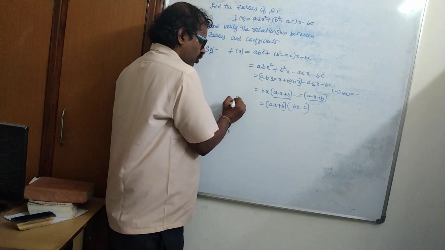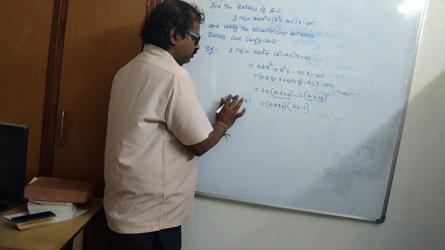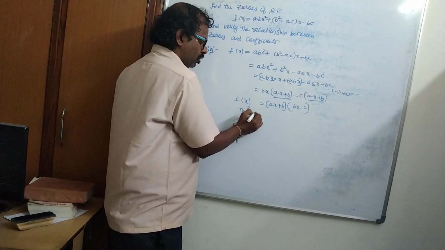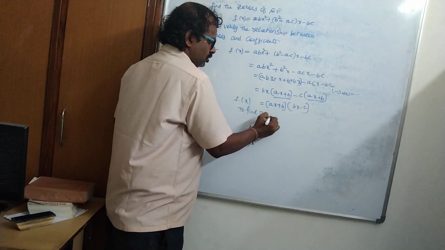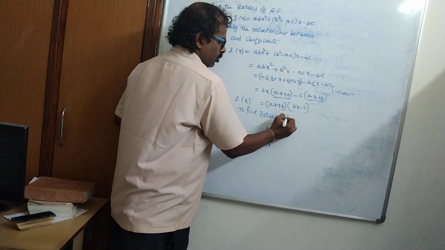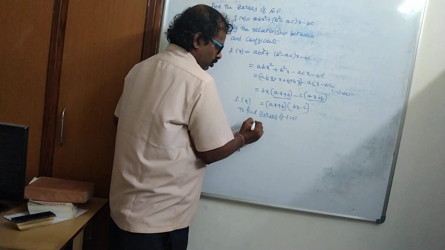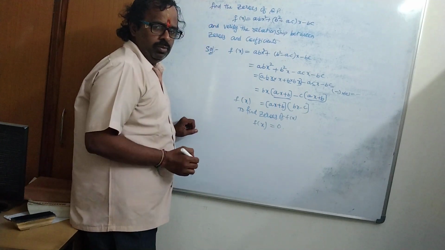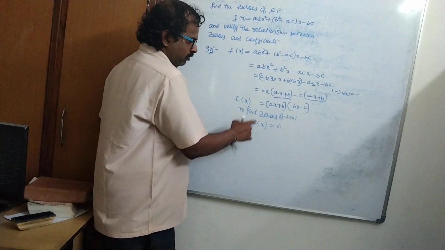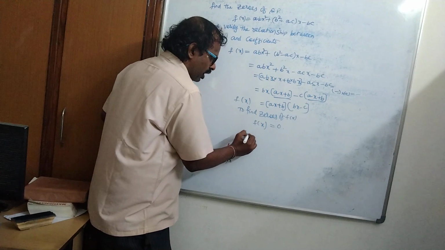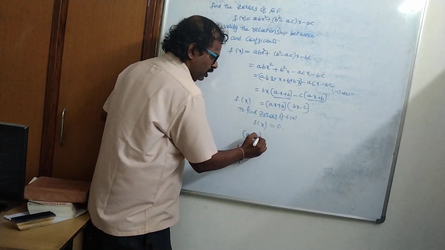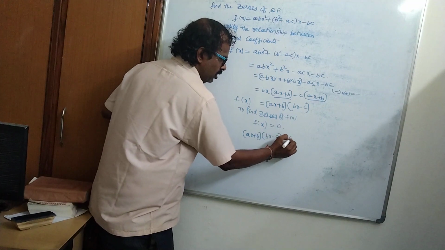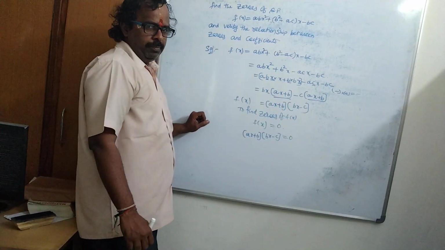Now to find the zeros of the polynomial, what we have to do is f of x is equal to 0. Now f of x is what here? ax plus b into bx minus c is equal to 0.